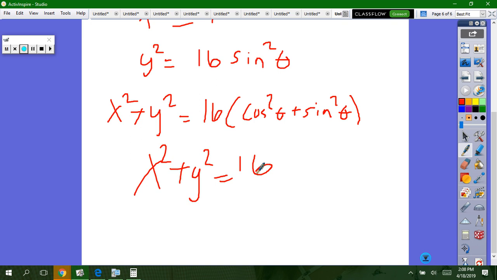So therefore shouldn't our equation graph that same type of an idea, right?